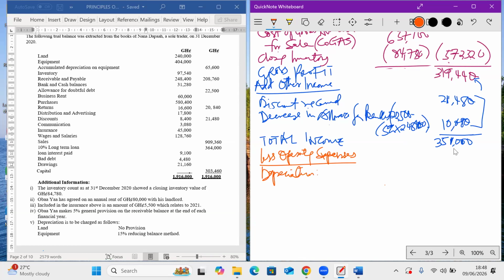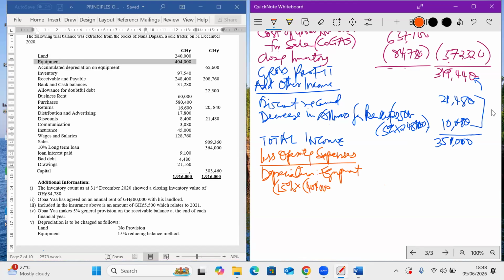But you come to where? Equipment. Are you good? What is the formula for the equipment depreciation? It says 15% reducing balance. So watch. You will say 15% times, what is the cost of the equipment? 404,000, right?